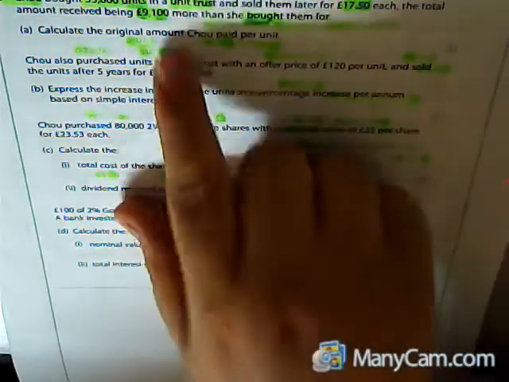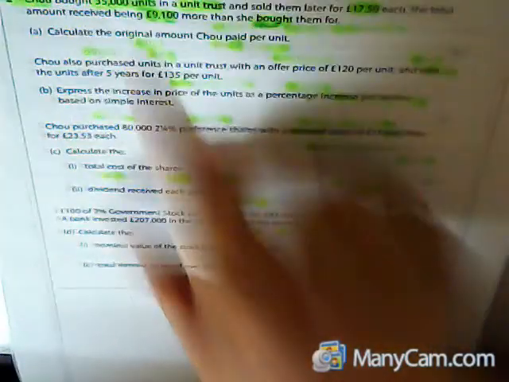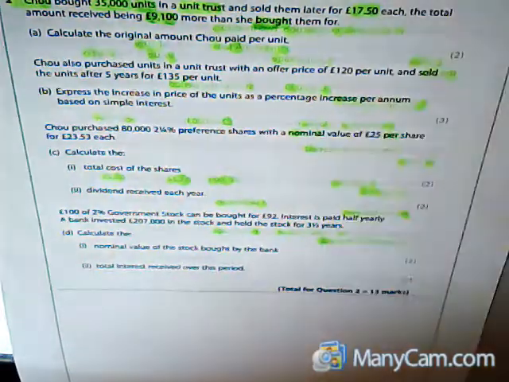Now the question says 35,000, right? Is it the selling price 17.5, the same? Yes, right? So I will use the 35,000 units we bought times 17.5. Now this one is the disposal price. The disposal price is higher than the purchase price.